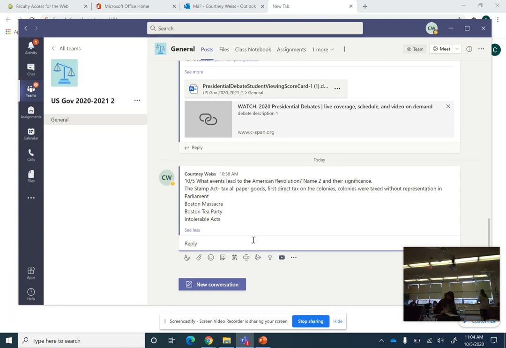Girls, the first one should be relatively easy because we're taxing paper goods, one of the inspirations of the revolution. The Stamp Act effect would be a tax on paper goods. We just did the first one, Stamp Act and tax on paper goods.